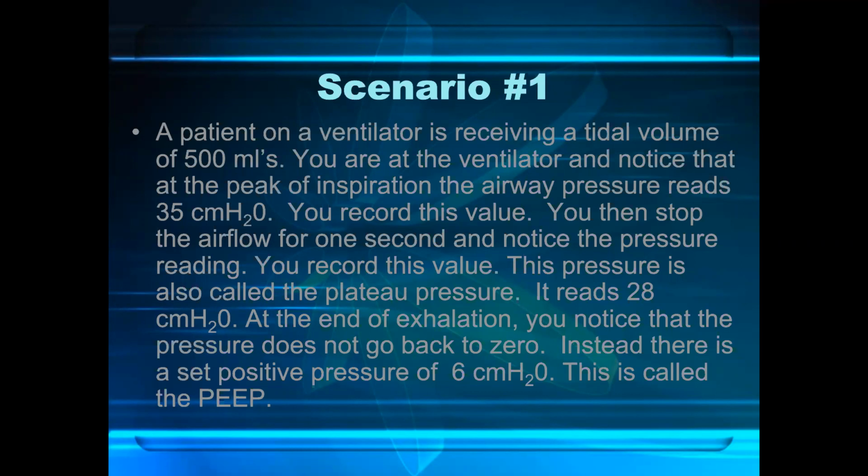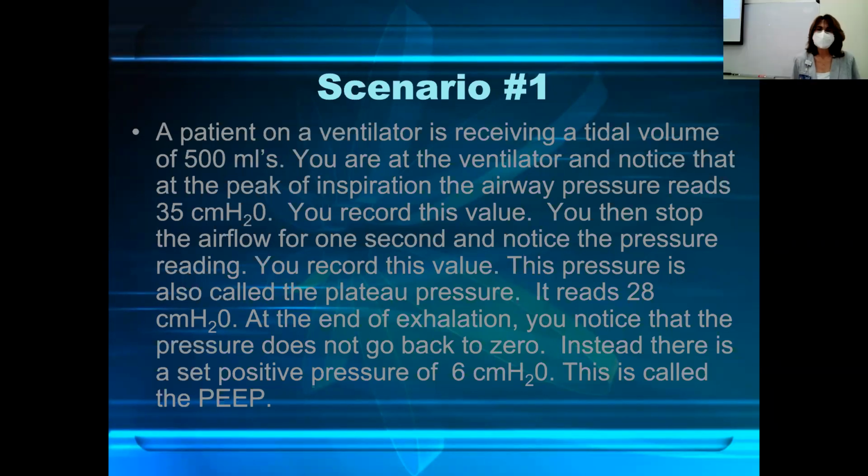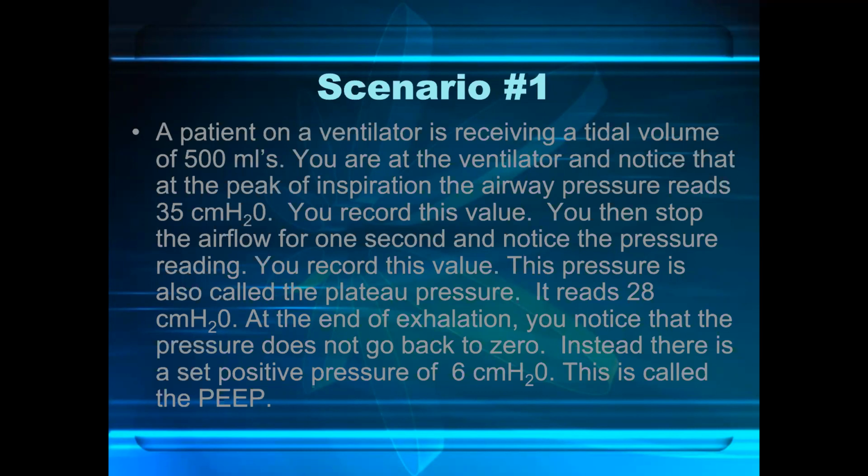I don't know, is it 35 minus 28? So 35 is the peak pressure. And then you subtract the baseline or the PEEP, which is 6. So it's 35 minus 6? Yes.